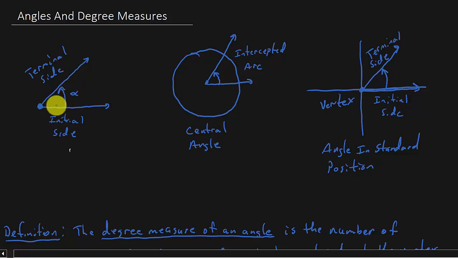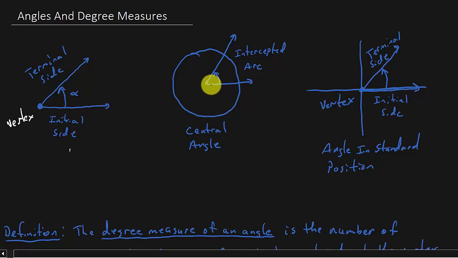Alpha, theta, beta, gamma. We're just going to use theta. You rotate this initial side, and where it stops, that's called the terminal side. And this point right here where they meet, that's the vertex.